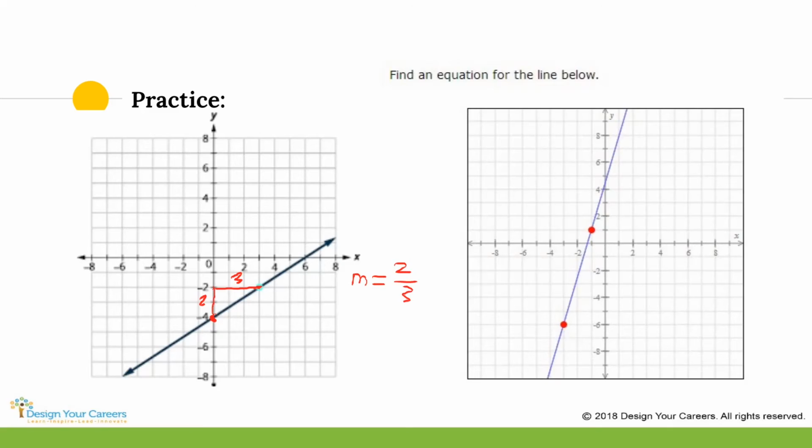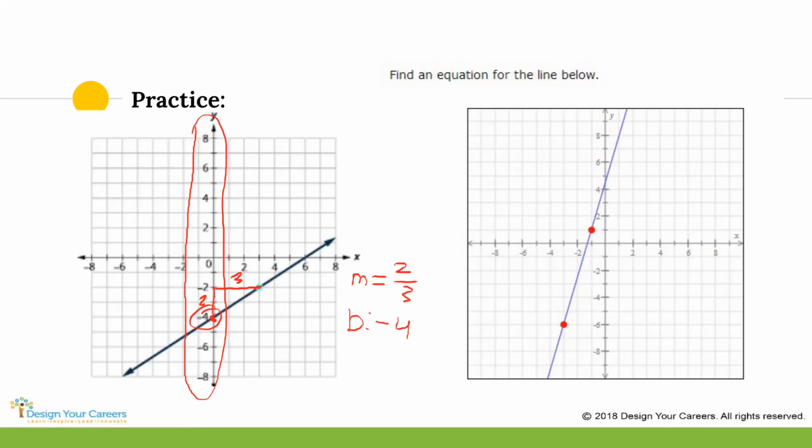Now we need to look at where on this y-axis the line intersects it. You should probably see it by now, but that is at -4. So our b value, or our y-intercept, is -4. Now we have everything that we need to write an equation.